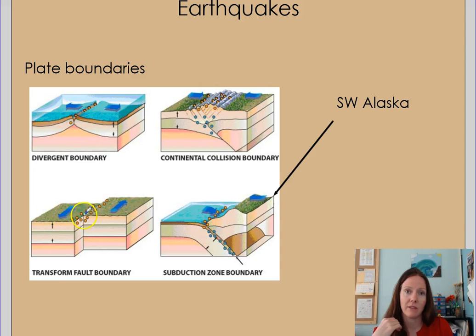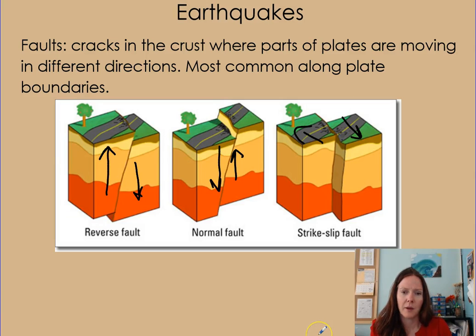And then finally we have the transform fault. That's where two plates are sliding past each other like this, kind of like the California coast. Earthquakes are formed this way. The faults are actually the cracks in the crust where the earthquakes occur. And again, they're most common around the fault boundaries, but they occur elsewhere as well.